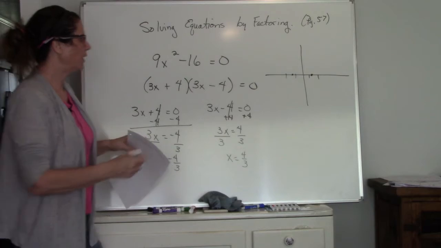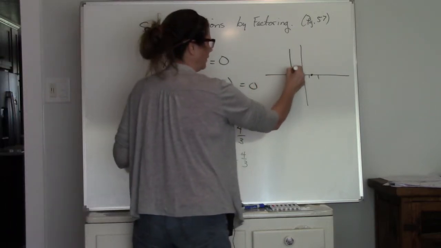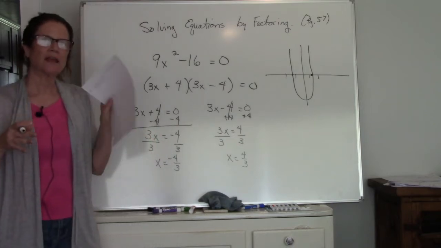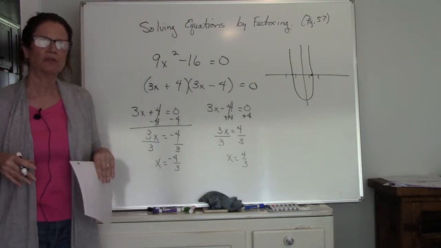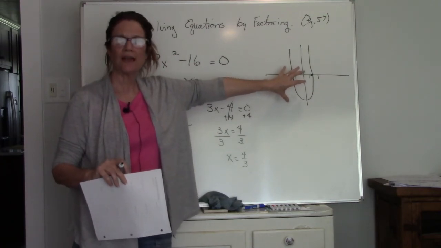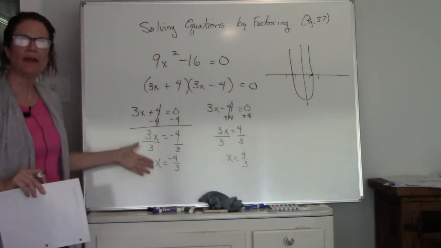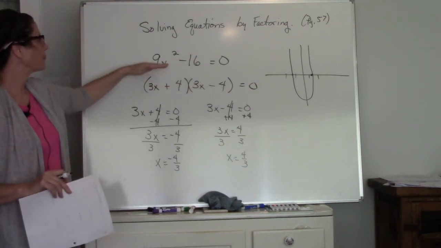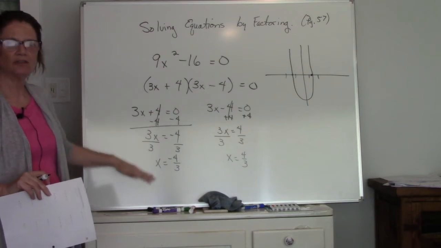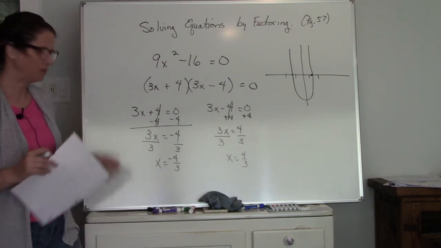So I have a parabola. I don't know where anything else happens, but I have a parabola that crosses at negative 4/3 and positive 4/3. Now, this is where we're going to go next after learning how to factor. But we have to know how to factor to get to that. So, you factor, you set each term to 0, and then you solve for x. And that's solving by factoring.